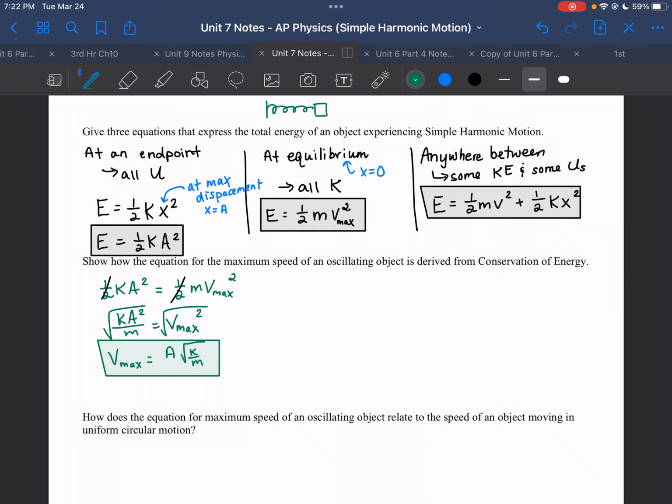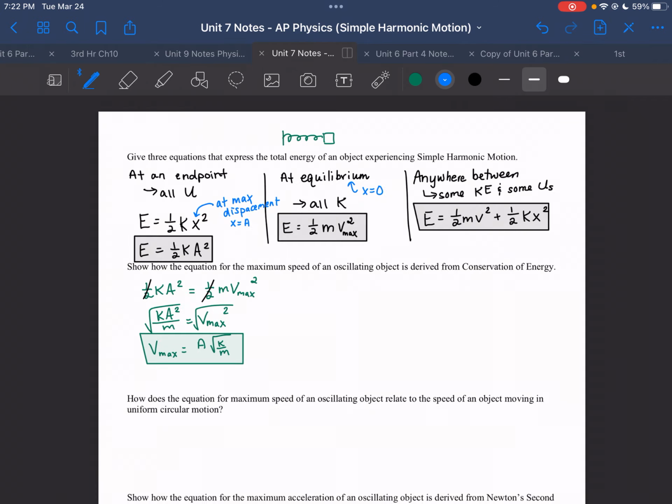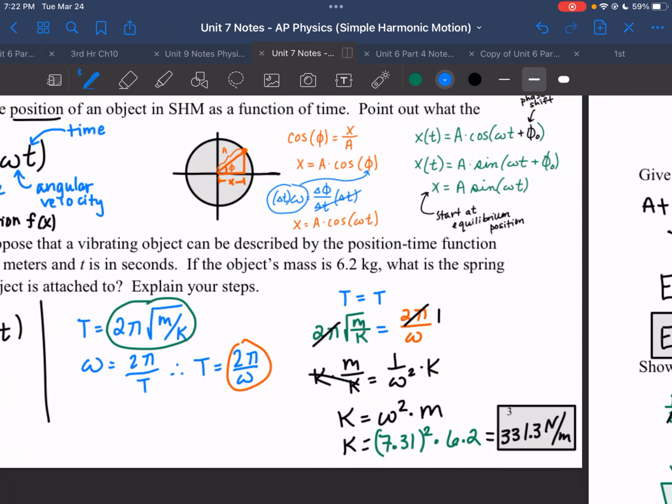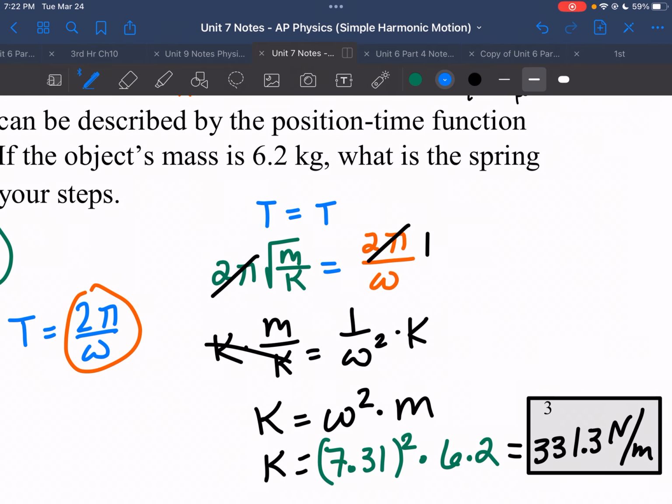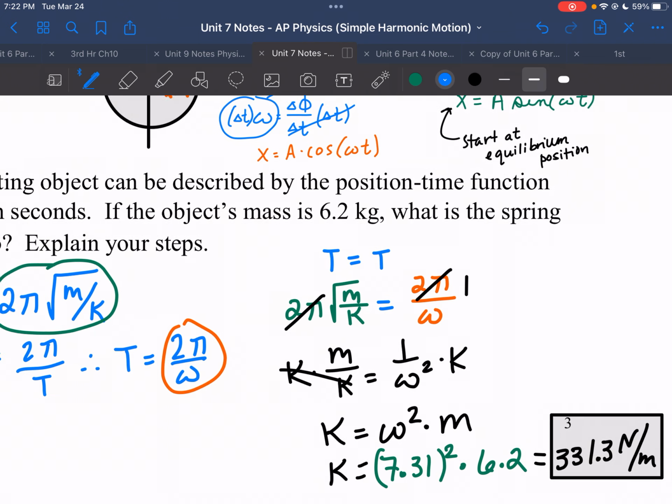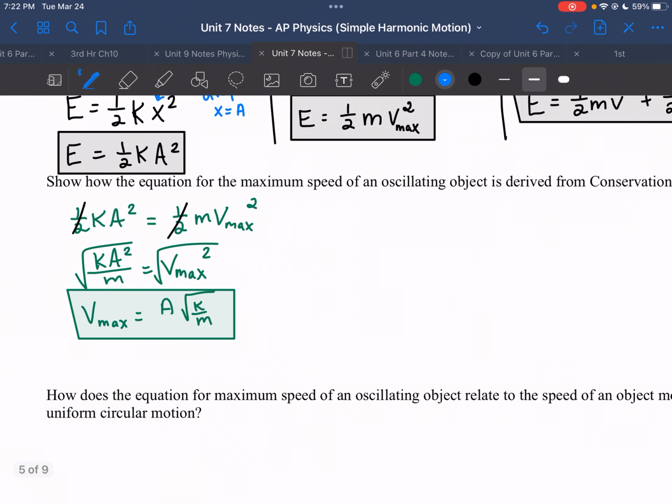Now, if you want to keep working with this equation, we can actually keep going, because just from the previous part, we learned that your spring constant is going to be equal to omega squared times the mass. So knowing that the spring constant is equal to omega squared times the mass, we can actually plug that in over here and get a different type of equation.